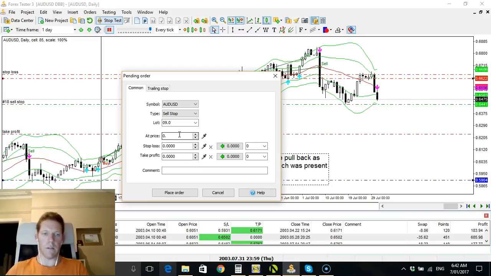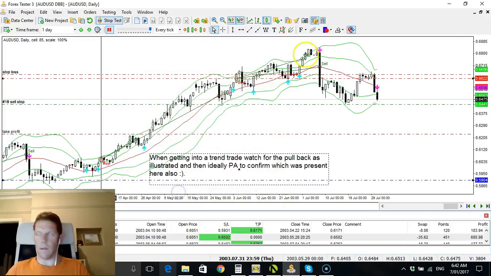So at price, sell stop, 64.40. Stop loss at 66.51. Just double check everything is okay. Alright, okay, see how it does.